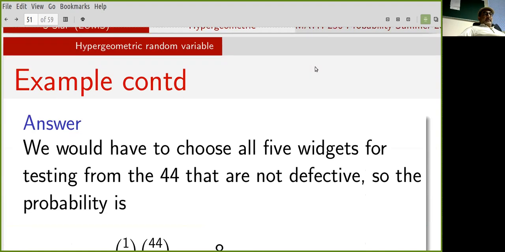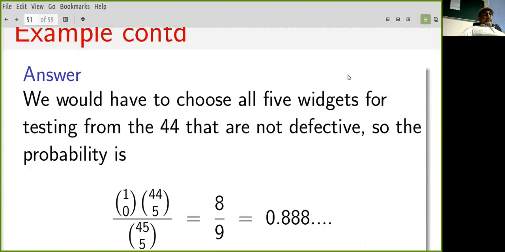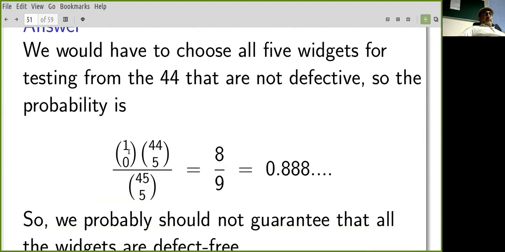So how do we choose all 5 widgets from the 44 that are not defective? We have 1 which is defective, and we have 44 which are not defective, right? So in order to get no defective widgets in the 5 widgets that we're selecting, out of that 1 defective one, we have to choose 0.